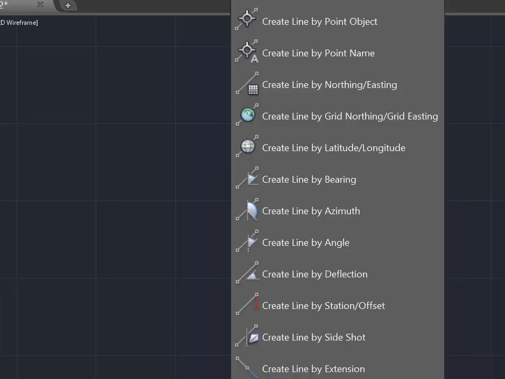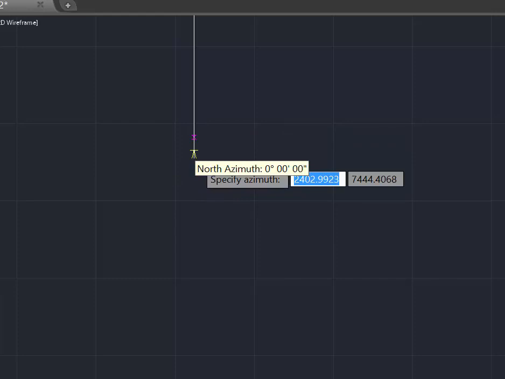But for instance, if I want to come in here, I can create a line by azimuth. So I choose that, pick a spot, and you can see I just did a click, and it shows me the north azimuth automatically.